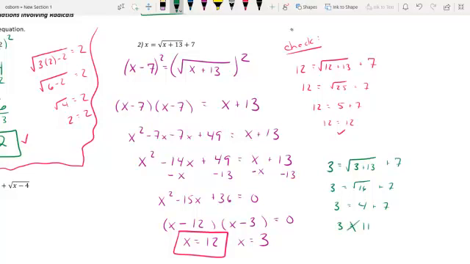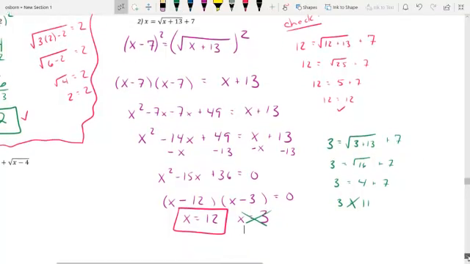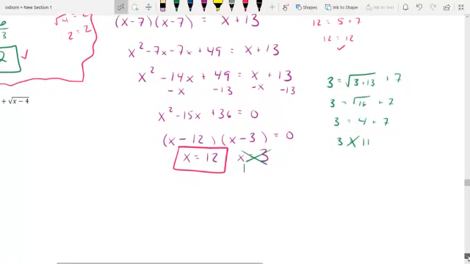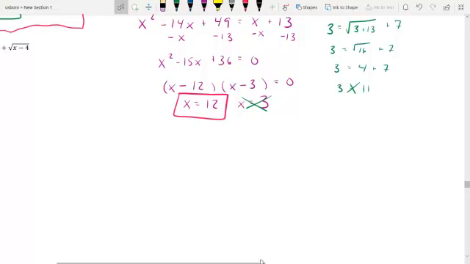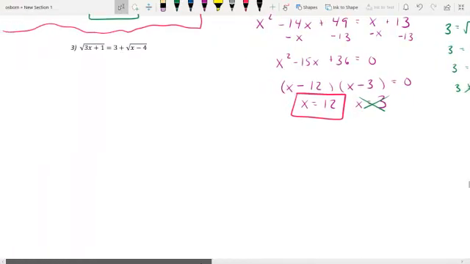Well, that's clearly not true. So x equals 3 is not a solution. So I'm just left with x equals 12 as a solution to that problem.